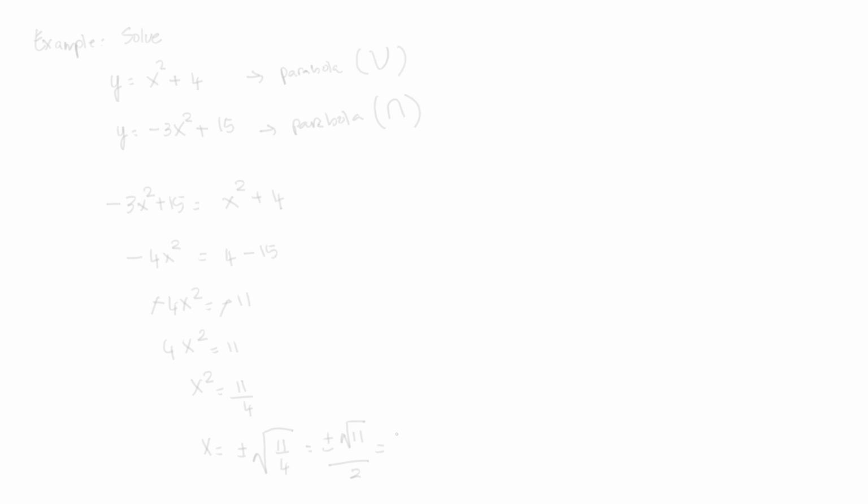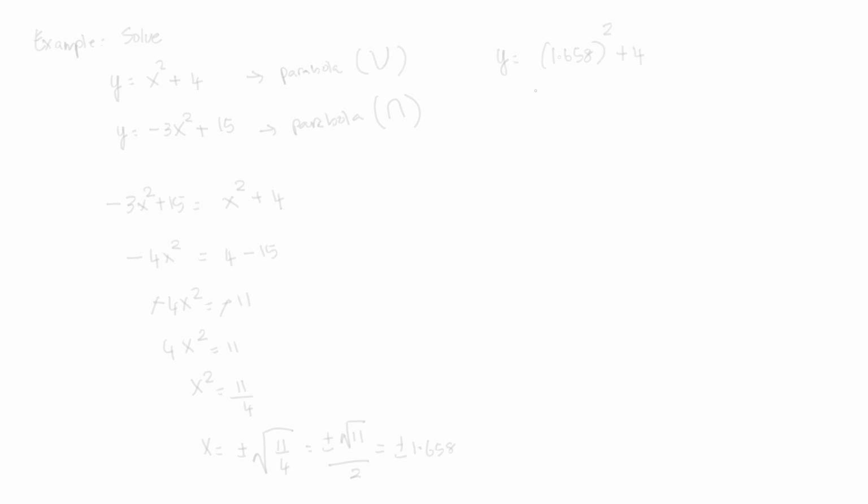So that is 1.658. So I found x. Now I take this and plug it in and find the value of y. It doesn't matter which equation you plug it in. So you plug in 1.658 or you plug in minus 1.658, you'd still get the same answer.